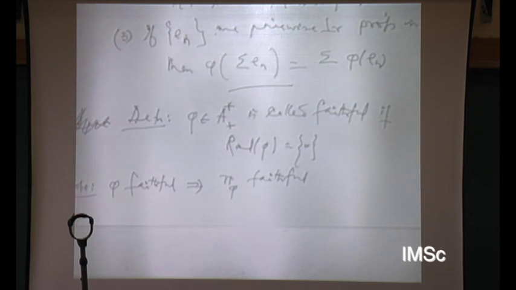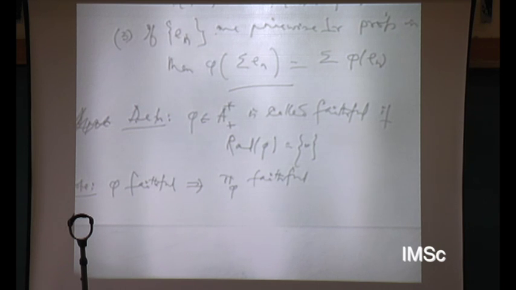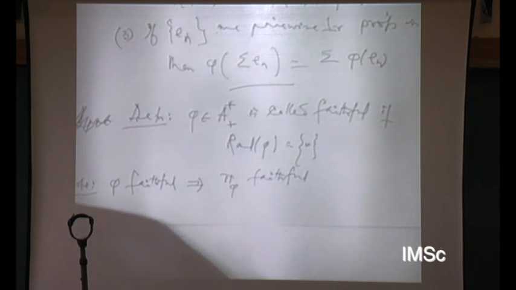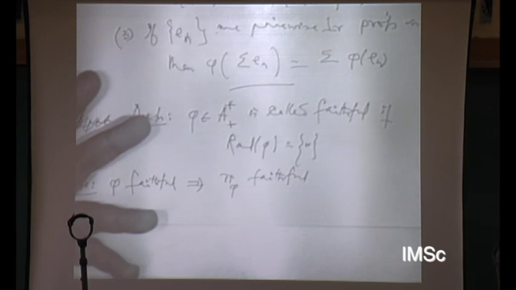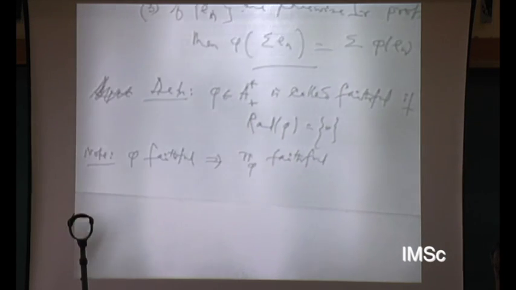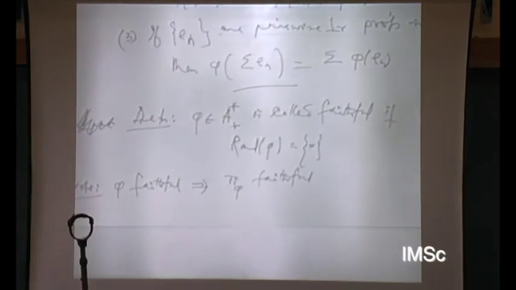Then I want to say that x is 0. If pi phi of x as an operator is 0, then if I act it on 1 hat, pi phi of x applied to 1 hat is 0 means x hat must be 0. But if x hat is 0, that means the norm of x is in the radical. So x must be 0. Right? So if phi is faithful, then pi phi is necessarily faithful, but the converse is not true.